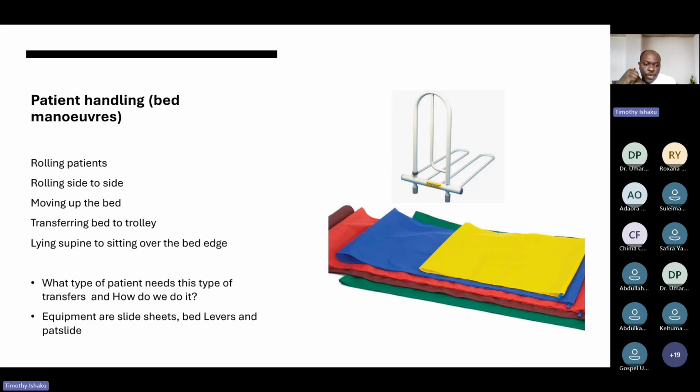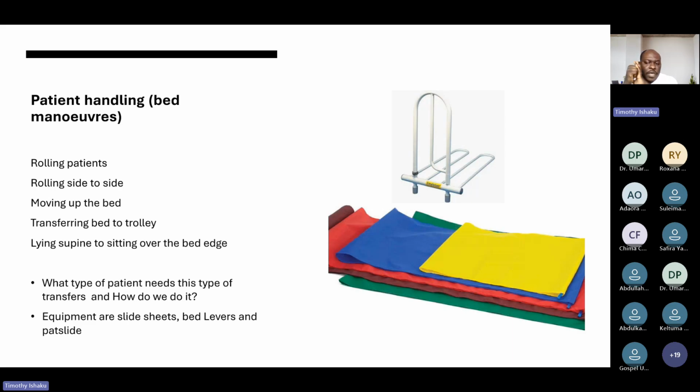So yes, it's a good approach in the limited resources you have, but the second bit is the twisting. If you're sitting facing the patient, maybe that will reduce the twisting. But if you are sitting facing one direction, up or down, depending on what you're doing, it might require you to twist, and that will increase the strain on your back.